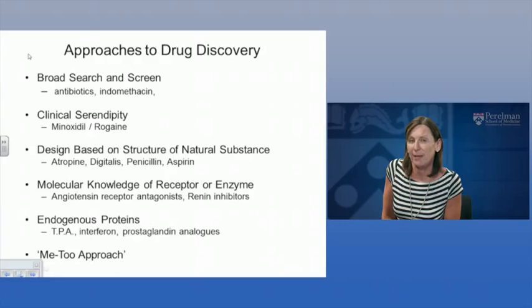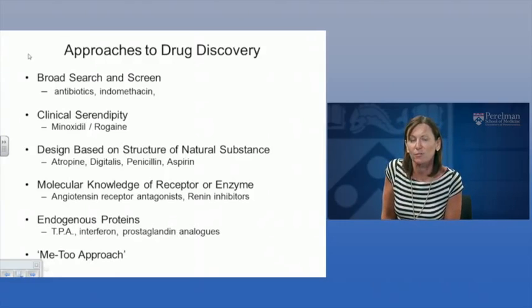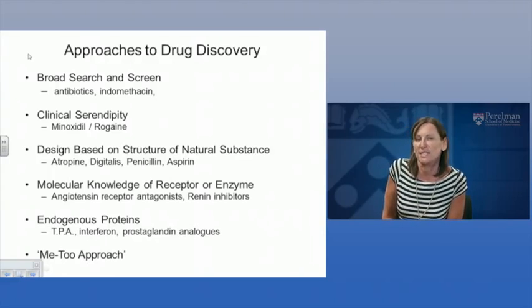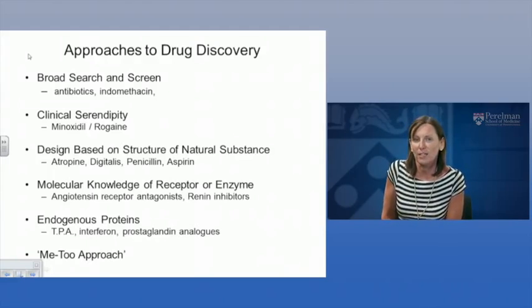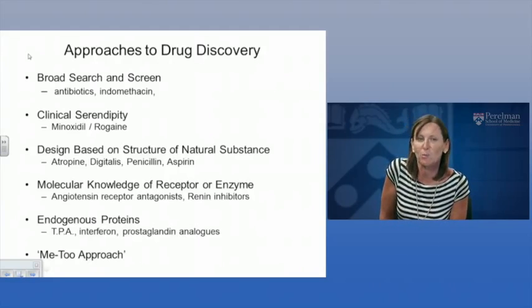Examples of these would be antibiotics, indomethacin, which is a non-steroidal pain reliever that was discovered after knowing the natural structure of aspirin. Clinical serendipity, I love this one. It's the idea of evaluating a drug for one indication and actually realizing that it has a benefit in another indication. And the example that I've given you here is but one of many, is minoxidil.